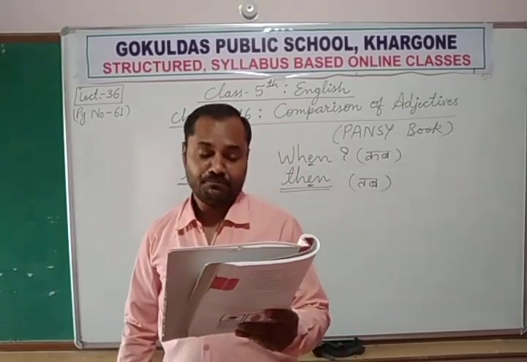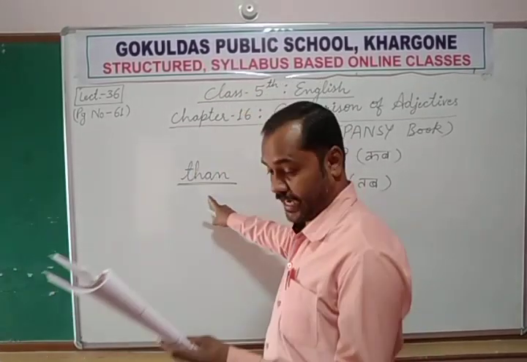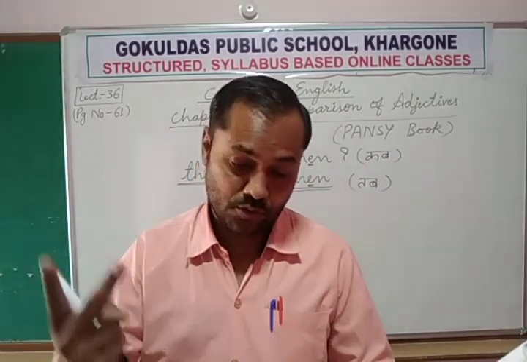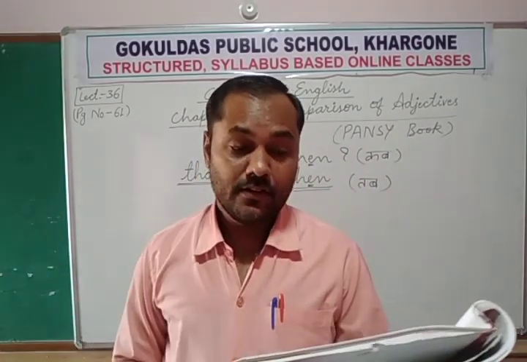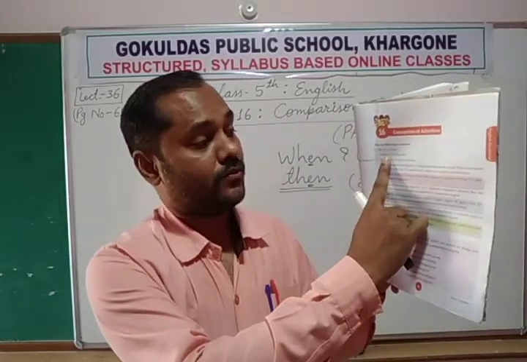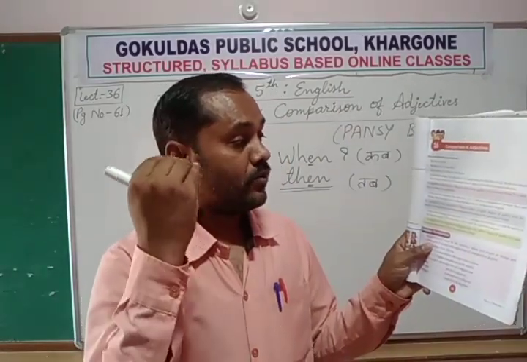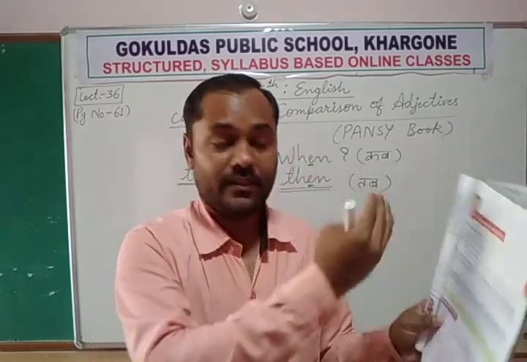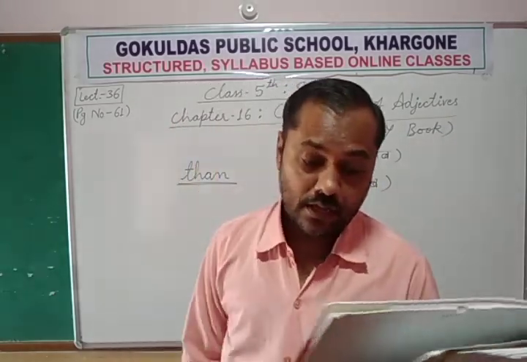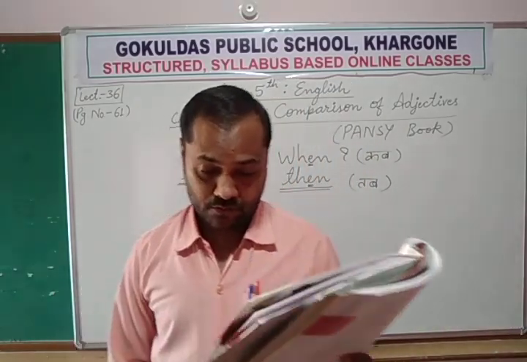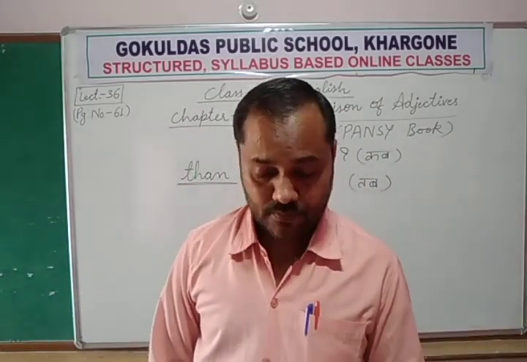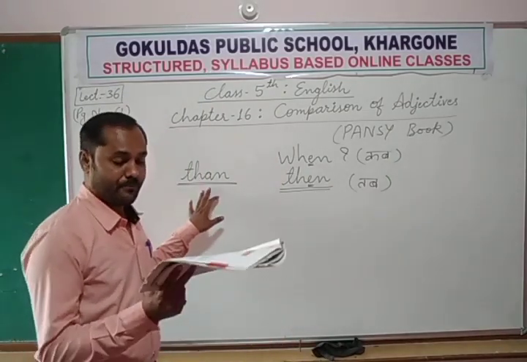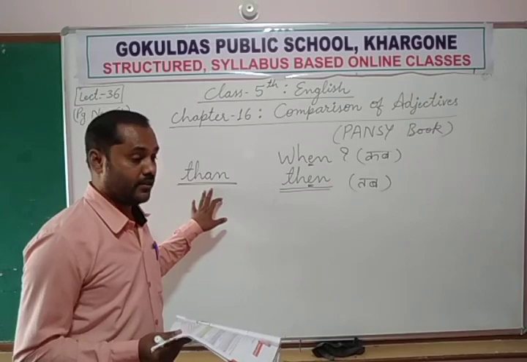So the word THAN is used in the sentence when two people or two things are compared. Here in the second sentence, two people are compared. Who? Mohan and Ravi. Mohan is taller than Ravi. So THAN is used with the adjectives of comparative degree, just like taller.